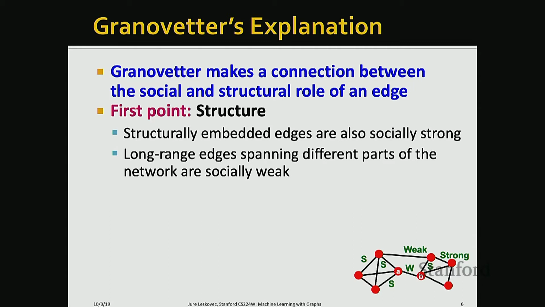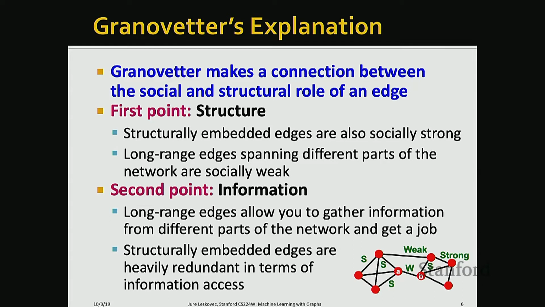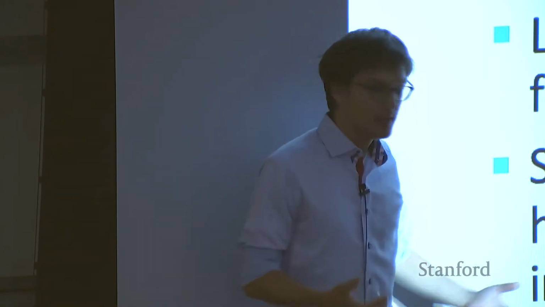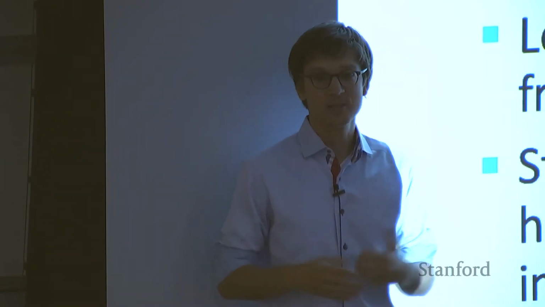And then he makes the information argument. The second point is that long-range edges, acquaintances, allow you to access information in very distant parts of the network. And structurally well-embedded edges are, in some sense, heavily redundant in terms of access to information.